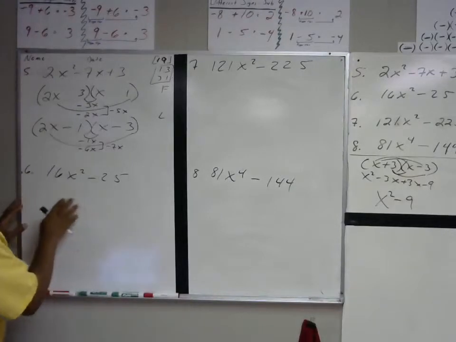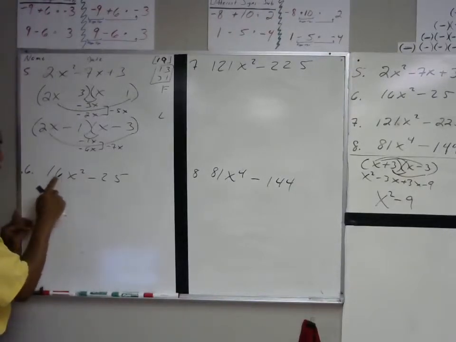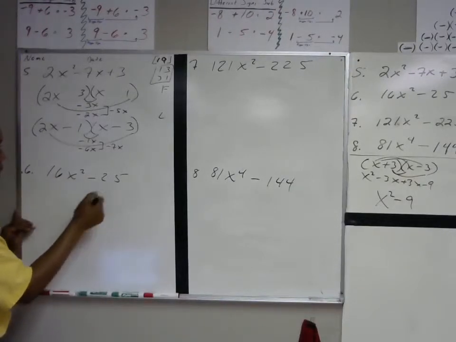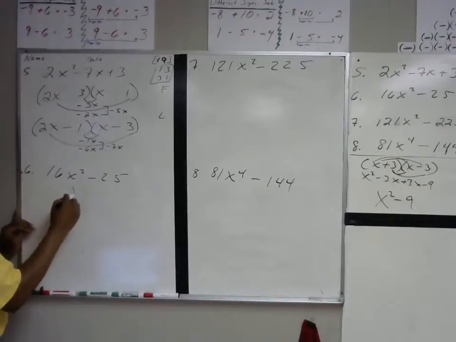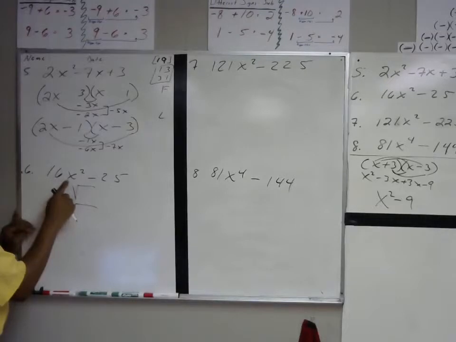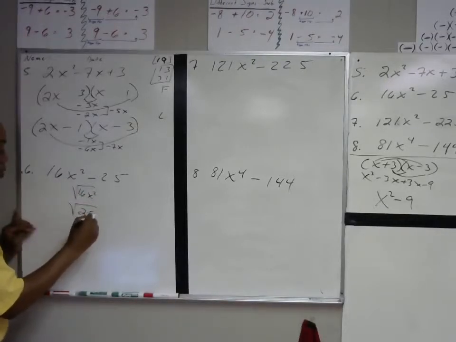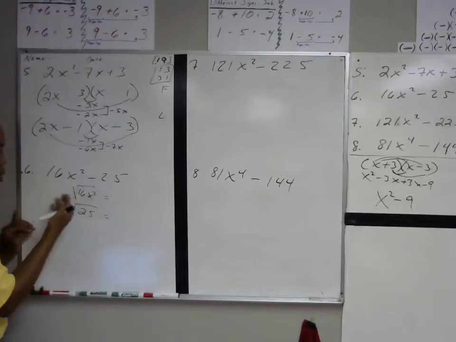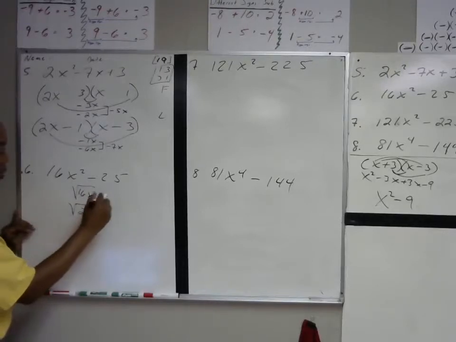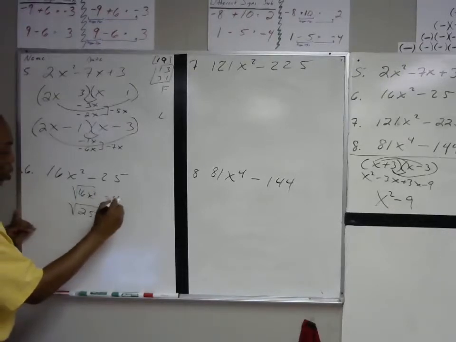All right, so this is a difference, and we see that these are squares. So I'm going to take the square root of the first square, 16x squared, and of 25. The square root of 16 is 4. The square root of x squared is x.